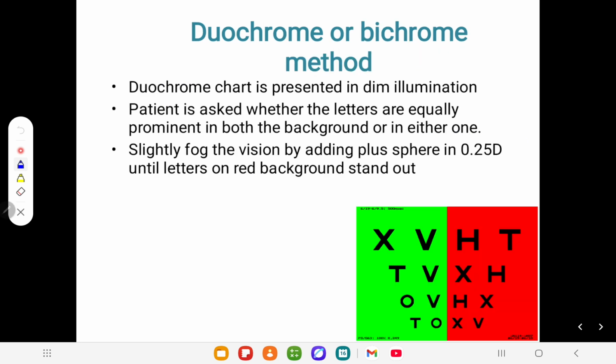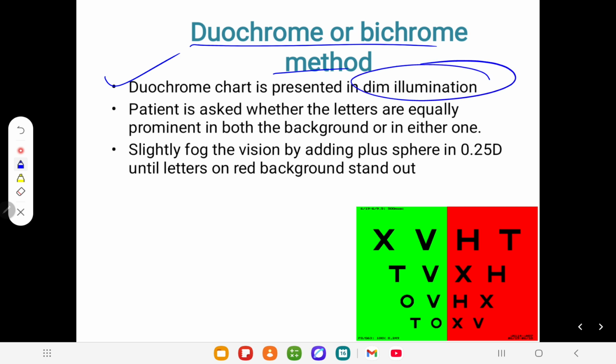That's why the better way is the second way, basically the duochrome method. So the duochrome chart is presented in dim illumination. We always do duochrome in dim illumination. The patient is asked whether the letters are equally prominent in both backgrounds or either one. So we know what duochrome is. We slightly fog the vision, adding plus lens, until the letters on the red background stand out.